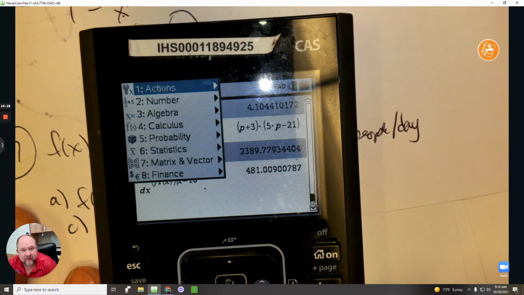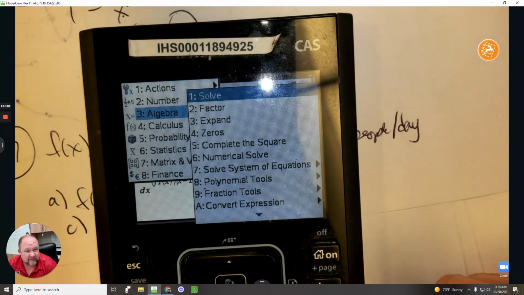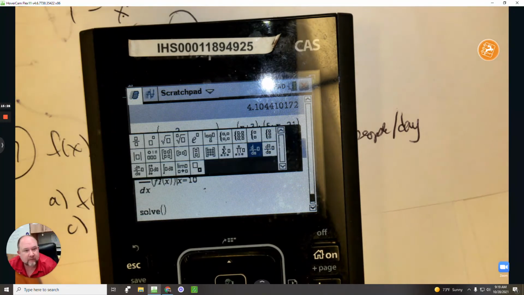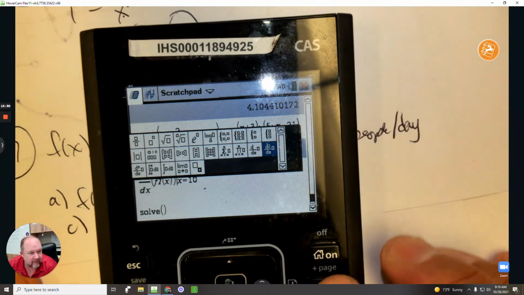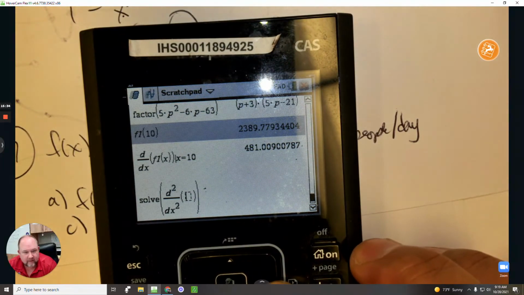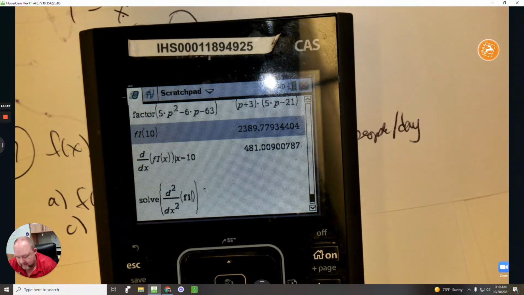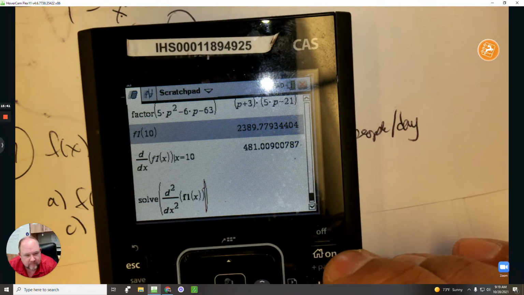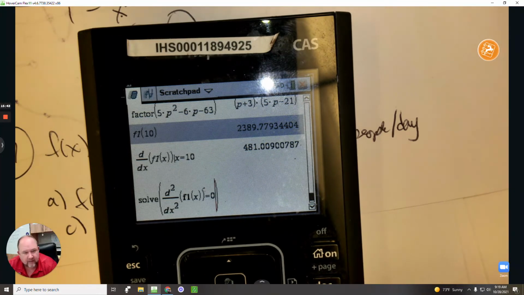So I'm going to go menu, algebra, solve. This is going to be the second derivative. See that one with the 2? Of F1 at x equal to 0, comma x.